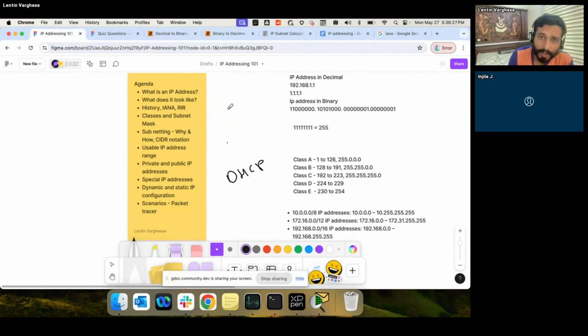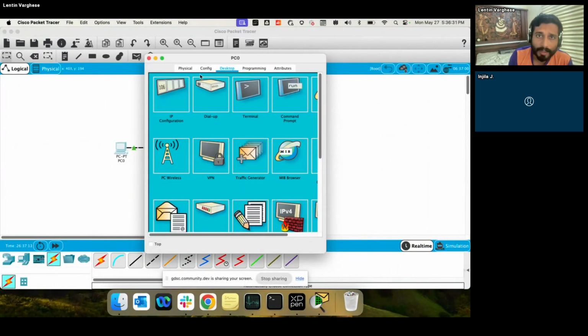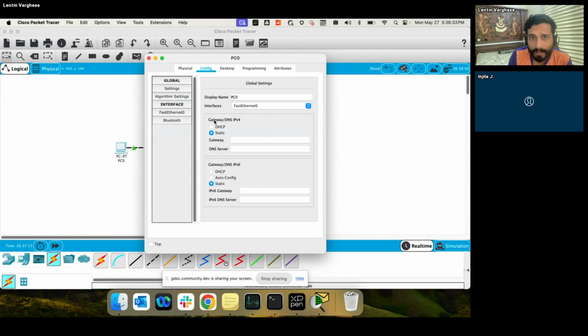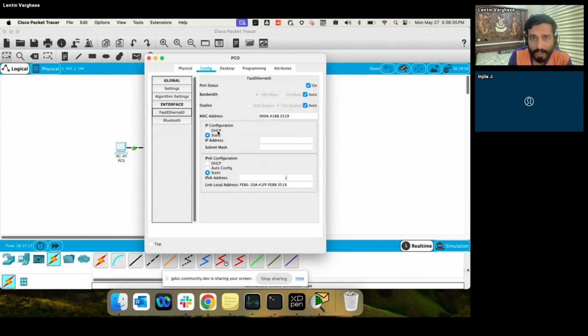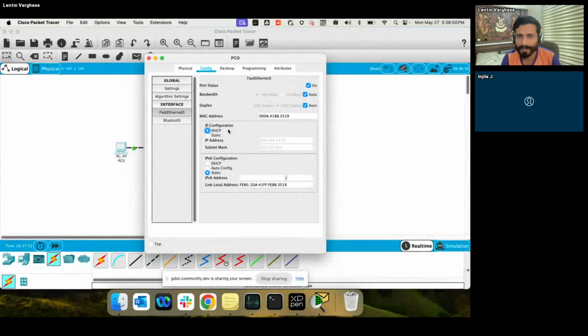Now you need to ensure that the computer is in. So if you see IP address configuration, you will see there is DHCP and then there is static. If you choose DHCP, that means this computer will connect to that DHCP server and get that IP address. Clear? Any questions?